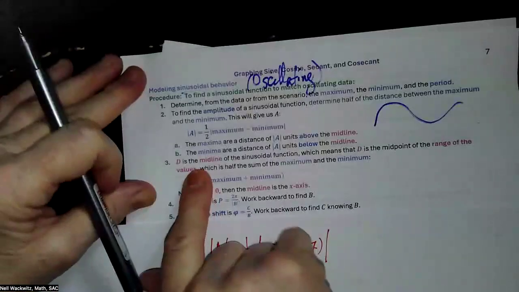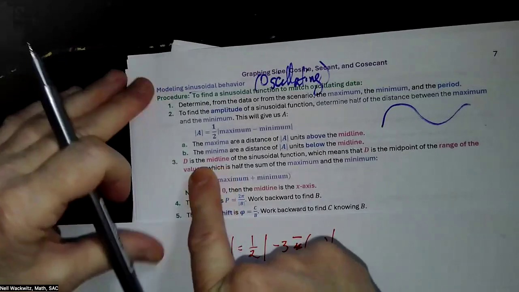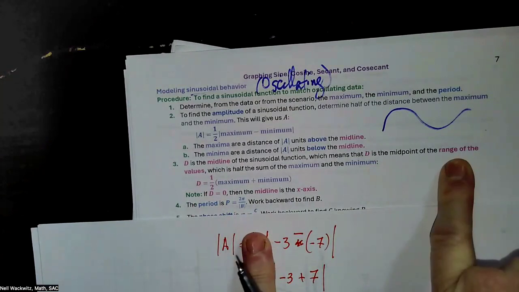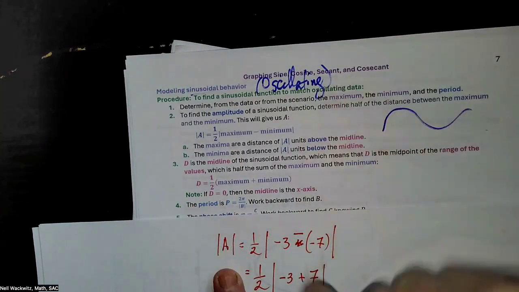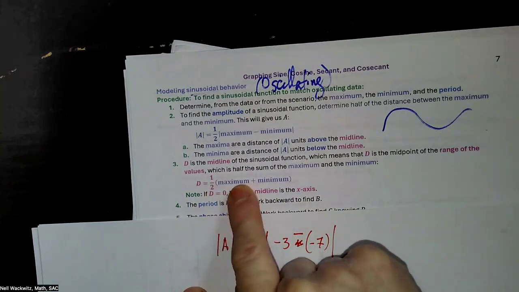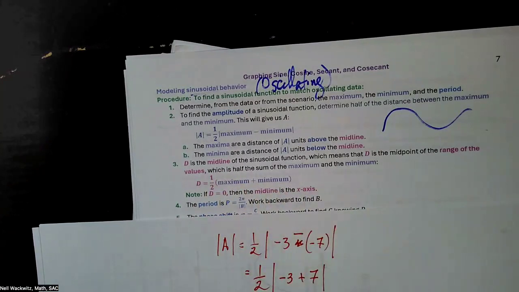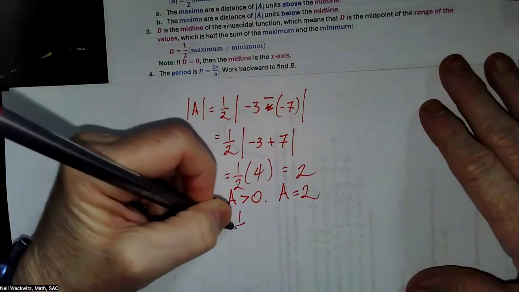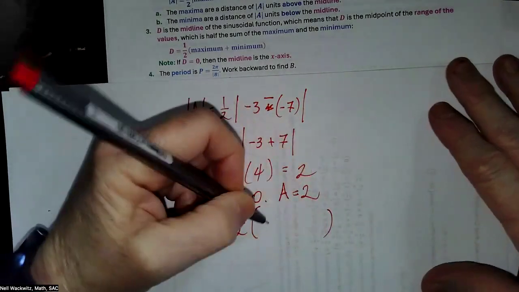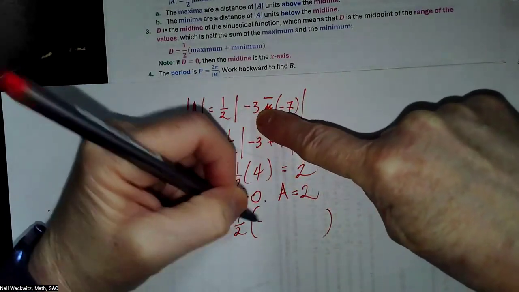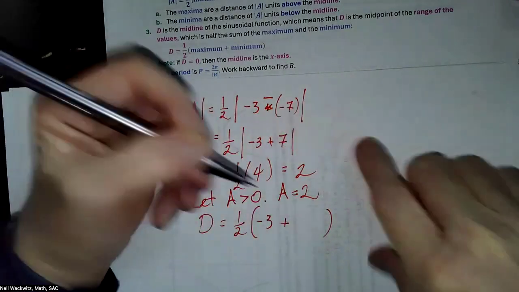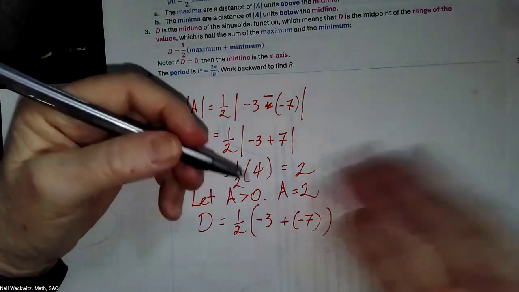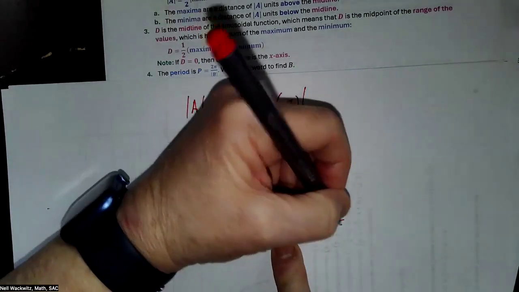The next thing we're going to do is find the midline. So we want to find the midpoint of the range. So the midpoint of the y's, which is going to be 1/2 the sum of the max and min. So D is 1/2. We said the max was -3 and the min was -7. And now we do get -10.